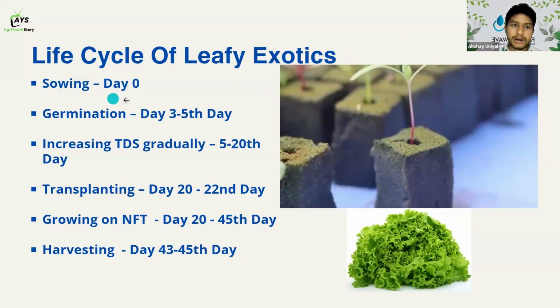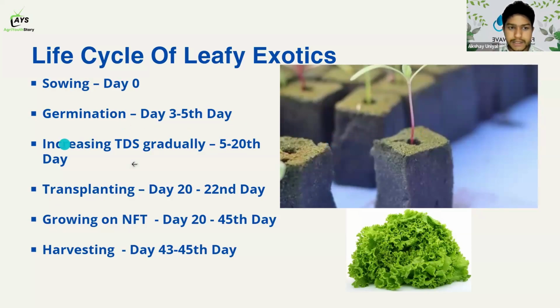On day zero we start sowing, and from the third to fifth day we start to see the germination of the seeds. That means the shoot and root will start coming out of the seed and will be visible.